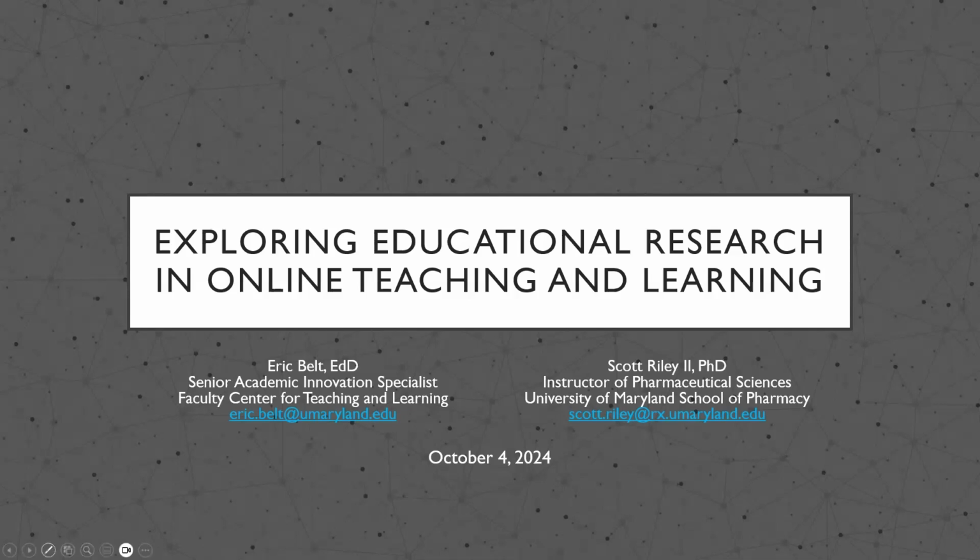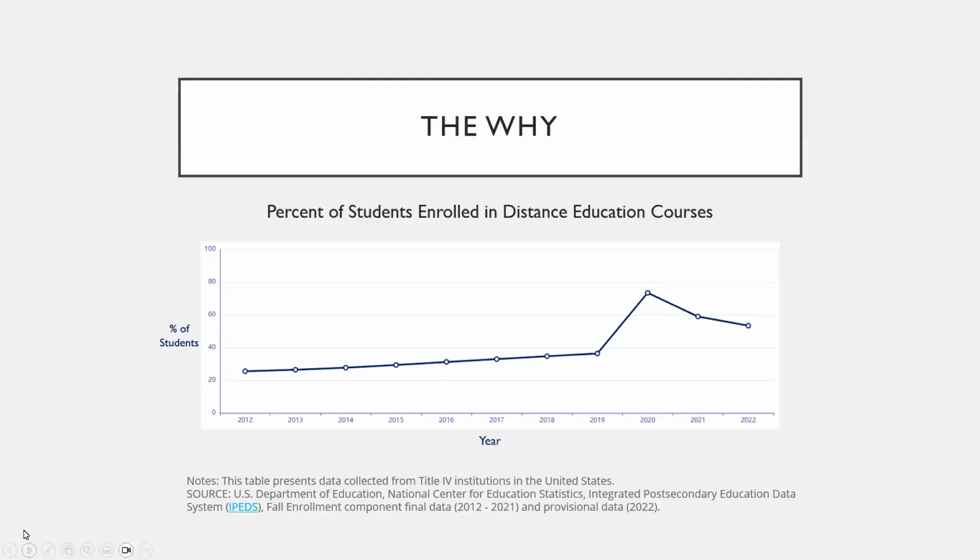All this to say, when we look at a trend, for those of us that were in this space or researching online education or interested in doing research about it prior to the pandemic, there was always a trend, right? The trend was that enrollments were growing year over year, just a little bit.